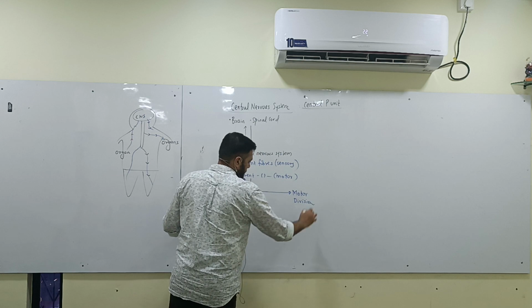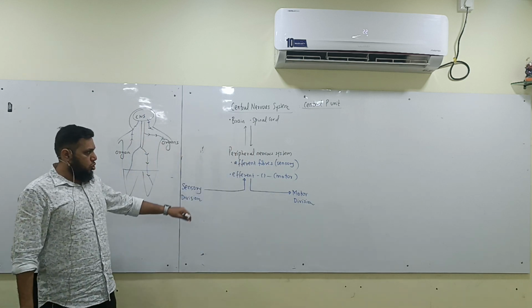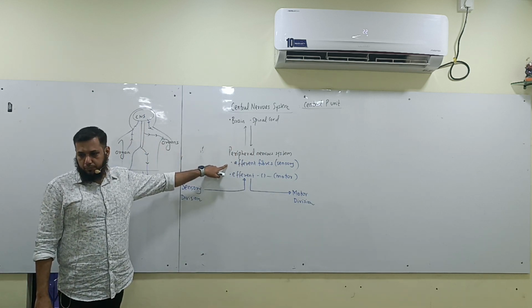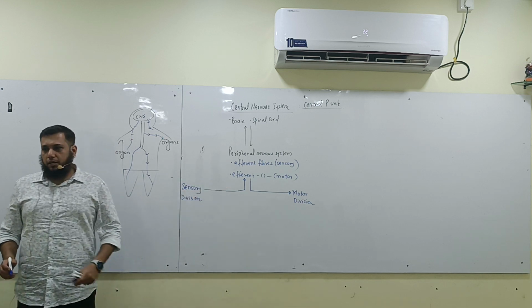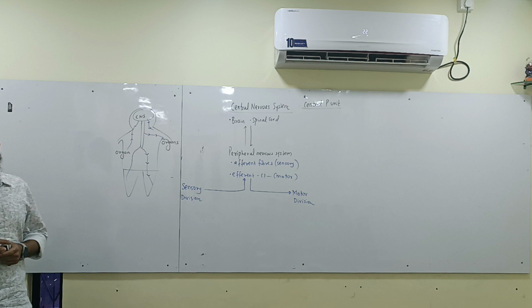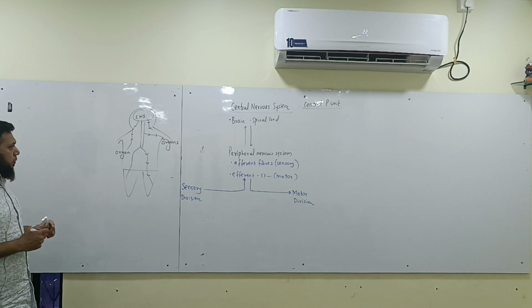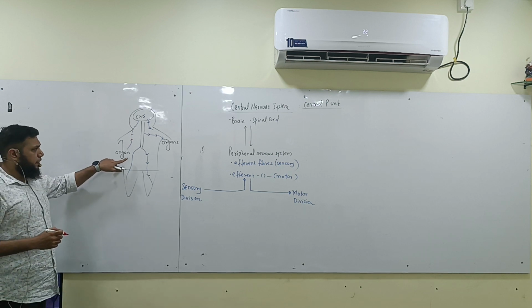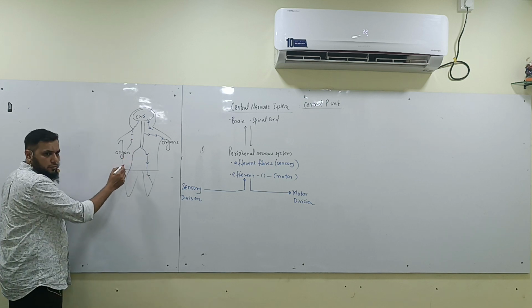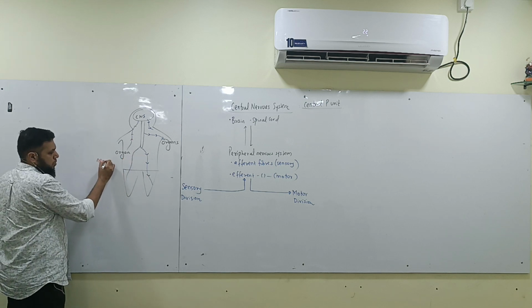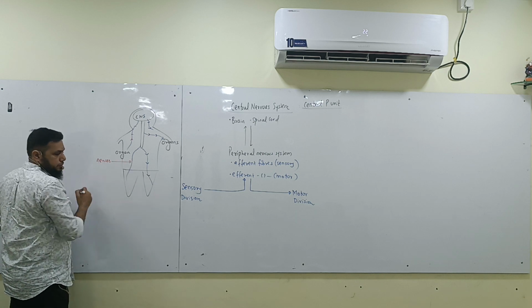Motor division. So all the afferent fibers will be a part of which division? Sensory. And the efferent motor. Okay? Now, the peripheral nervous system consists of, you see these wires? I call them what? Nerves. Okay?